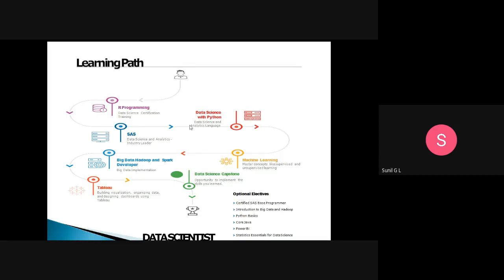Python is also a very important programming tool in industry, used for artificial intelligence and machine learning. Like R programming, Python is also one programming language. You can master any one of them, that is no issue. If you become a data scientist, Python is no problem, and R programming is also fine.